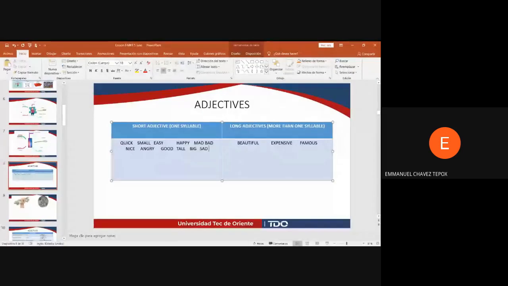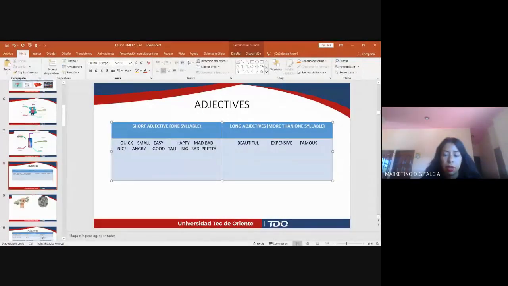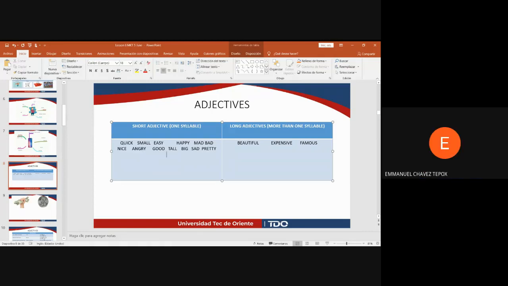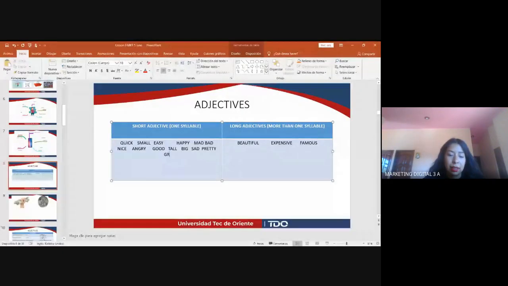Glad. Joshua, can you repeat your adjective? Podría ser small. Great. Smart, yes. Smart. What else? I think we have enough.